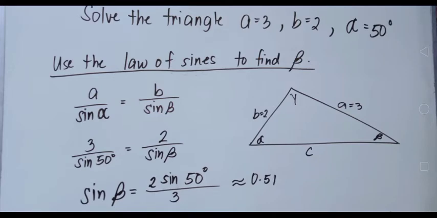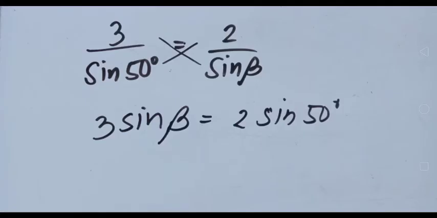Substituting the values, 3 over sine 50 degrees is equal to 2 over sine beta. To find sine beta, we cross multiply: 3 sine beta is equal to 2 sine 50 degrees.